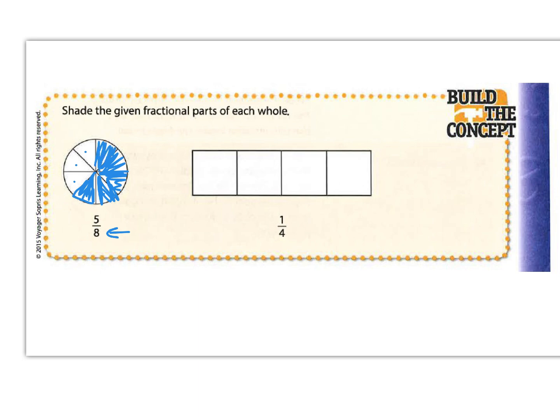So remember, you can shade in any 5 of the pieces. This says 1/4, so we have 1, 2, 3, 4 pieces, so that's why the denominator is 4, and then we're going to shade in just 1. So 1/4 is shaded in.